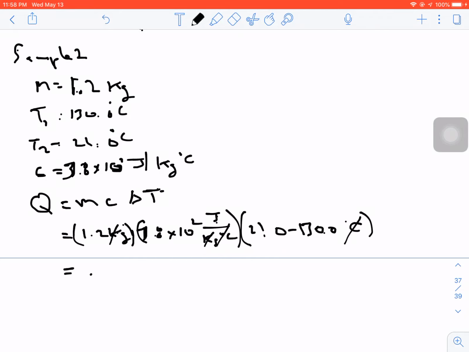I'm left with units which are in joules, which is what I'm looking for when I'm talking Q, because Q is the quantity of heat or thermal energy transfer. Okay, so if I do all the math, because it's 21 minus 130, my delta T is negative, and my Q will be negative. It's negative 5.0 times 10 to the power of 4 joules.